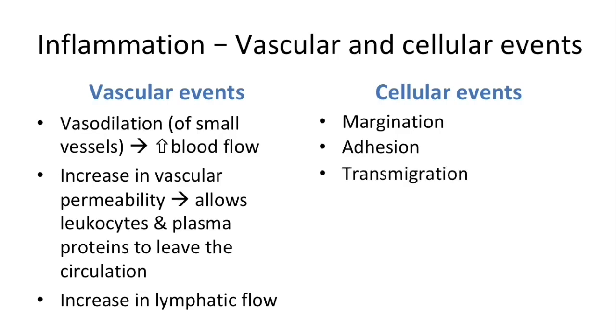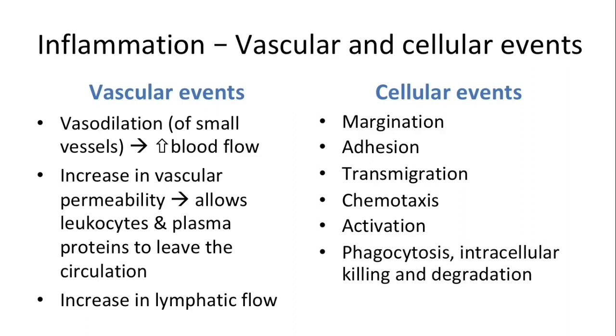They will transmigrate, so cross through the vascular wall to basically move from inside the channel into the extravascular space. Then, with the process of chemotaxis, they will migrate and move towards the site of injury, and at the site of injury, they will be activated and they will perform their functions in terms of phagocytosis, intracellular killing, and degradation.